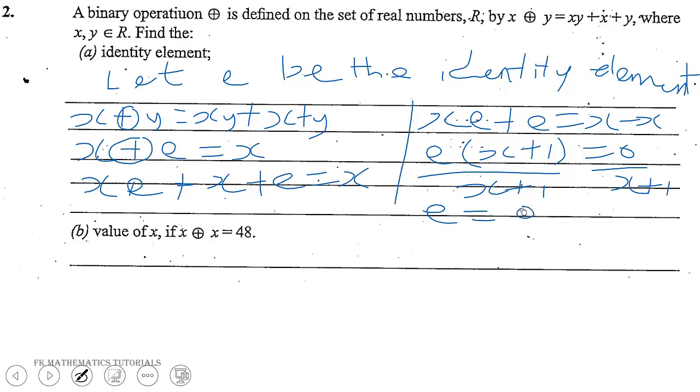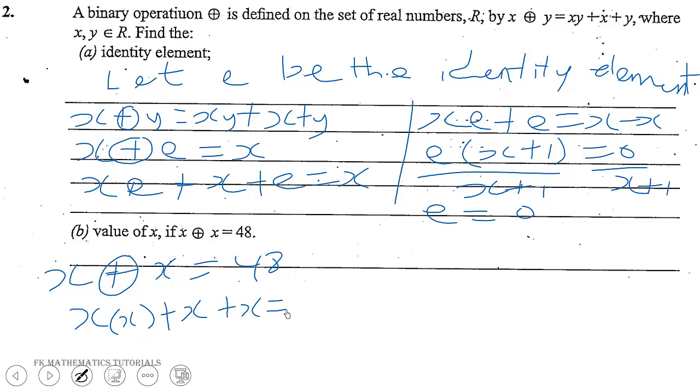Then we're supposed to find the value of x if x ⊕ x is equal to 48. So x ⊕ x equals 48. So we have x times x, which is x², plus x plus x again is equal to 48.